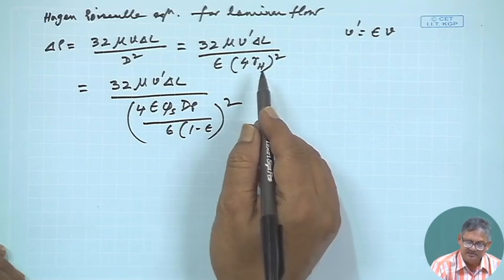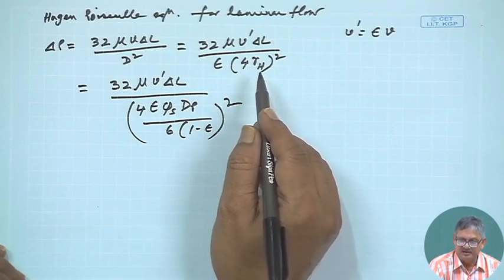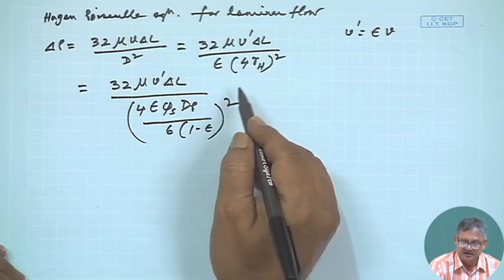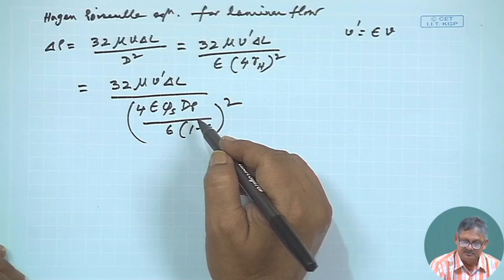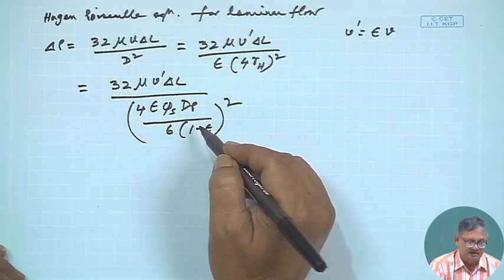This RH we have done earlier in the previous class, hydraulic radius and then from there to hydraulic diameter.